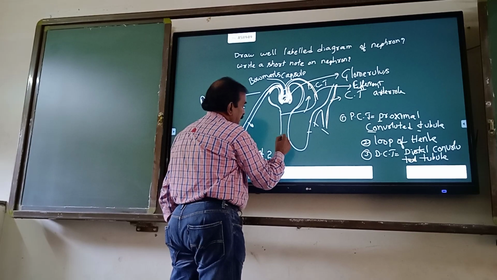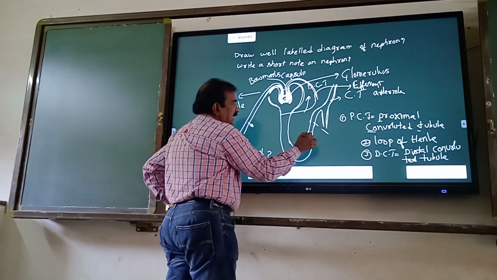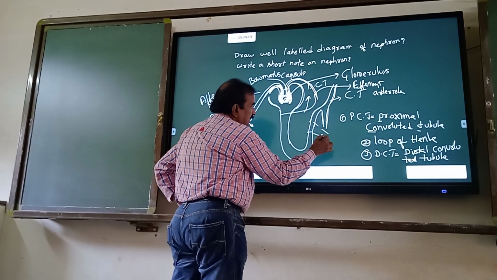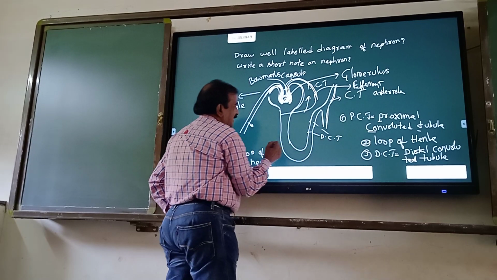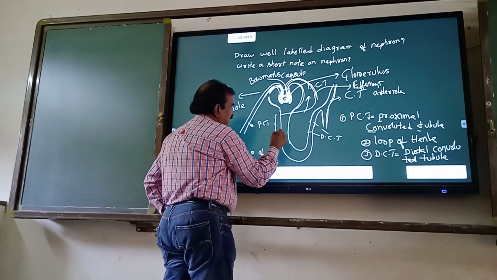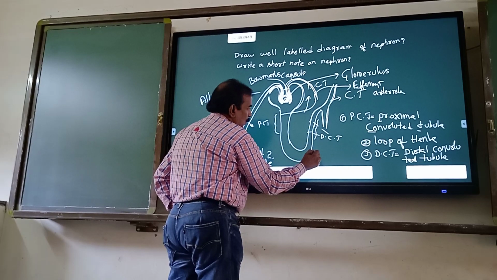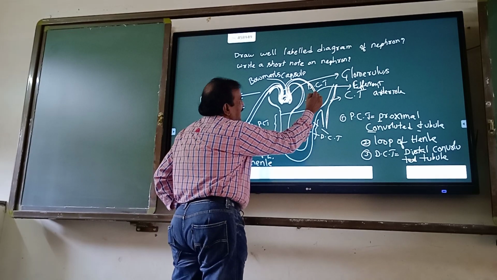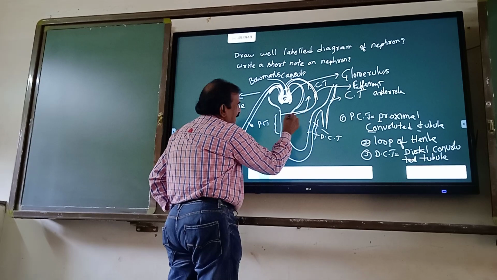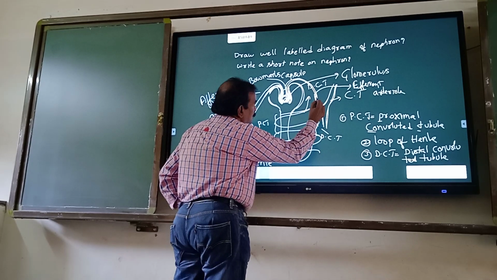This is the PCT, this is the loop of Henle, and this is the DCT. This one is PCT, this one is DCT, and this is loop of Henle. And this is the efferent arteriole, which forms a network around the tubule.